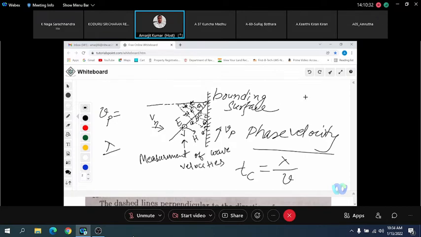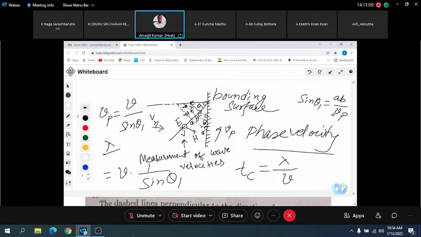So sine theta 1 is equal to perpendicular upon hypotenuse. So it will be equal to AB upon hypotenuse, which is basically this Vp. So Vp will be equal to v upon sine theta 1.